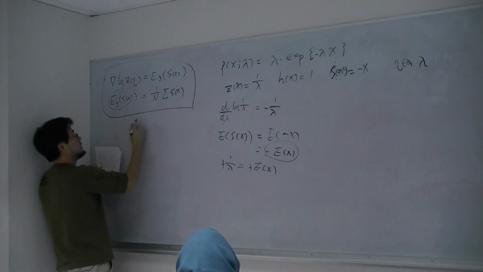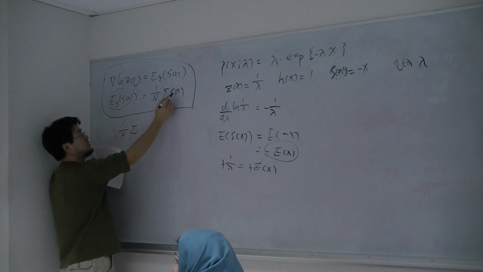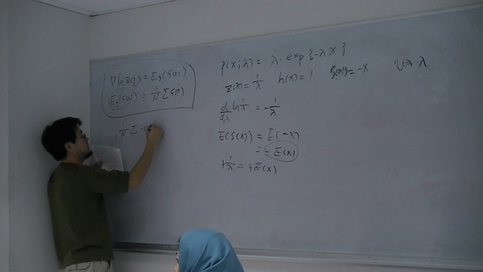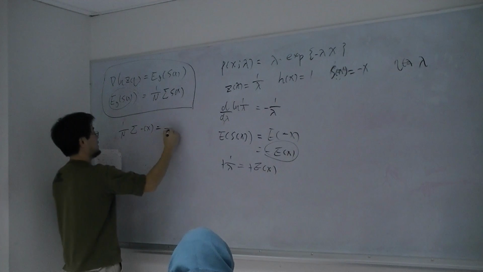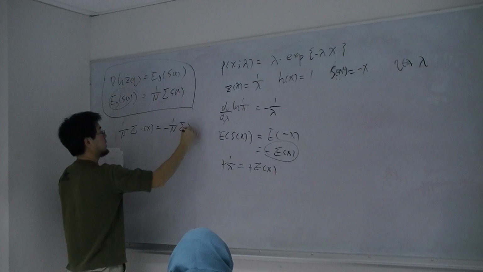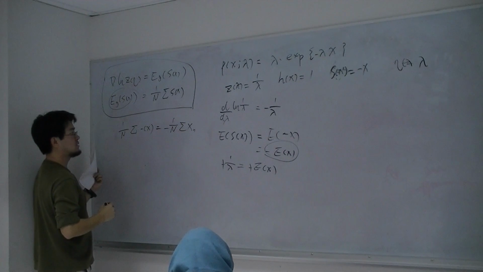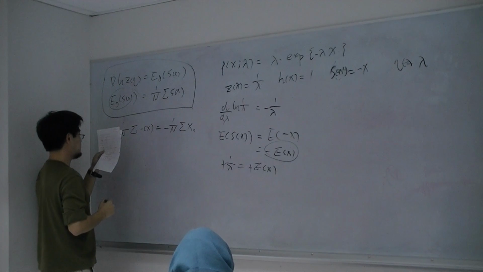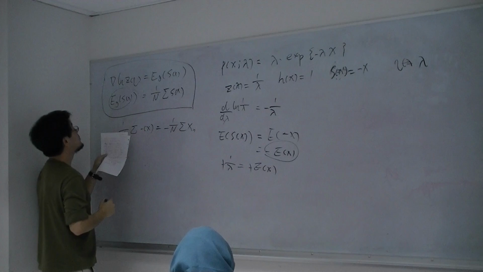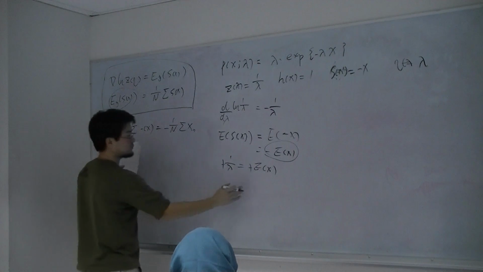This term is equal to 1/n times the summation of minus x_n, which is equal to minus the sample mean of x.